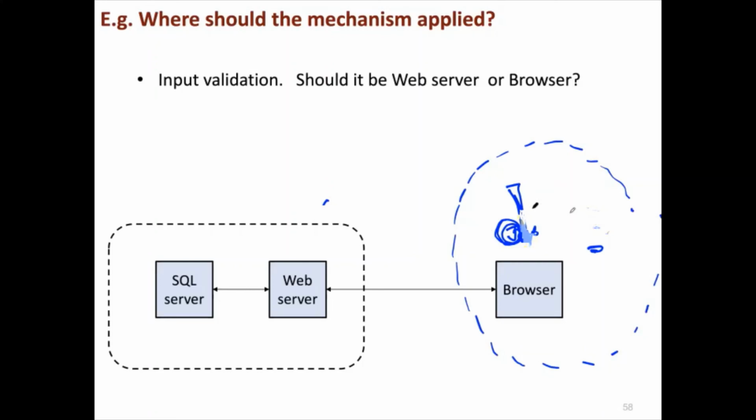You can look at the code, bypass it, and immediately send the SQL query directly to the web server without being filtered. Many attacks are of this form, and we will talk about this again in web security.